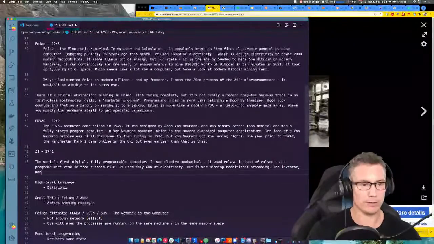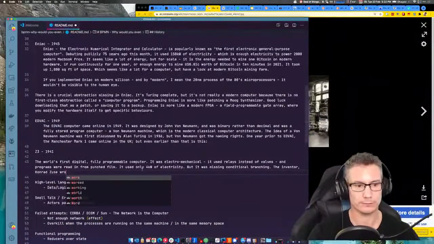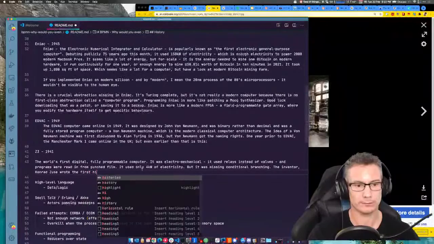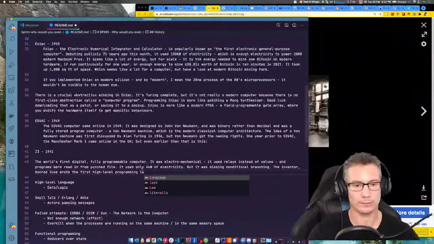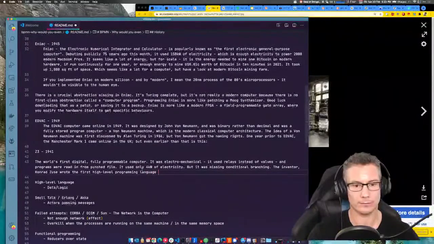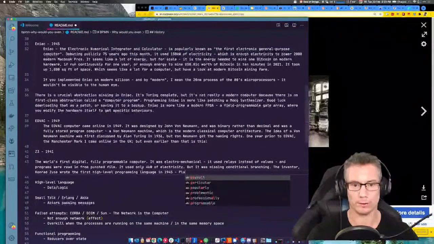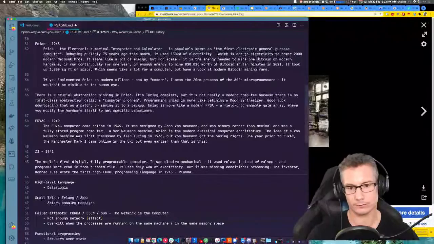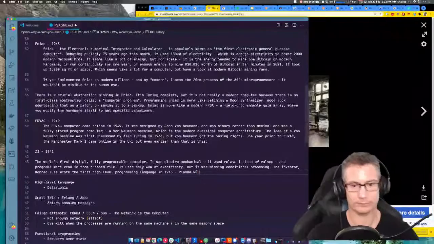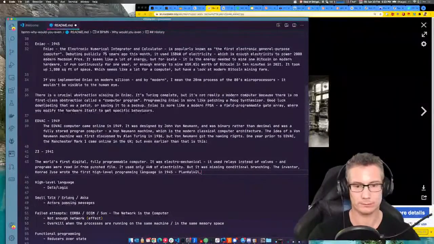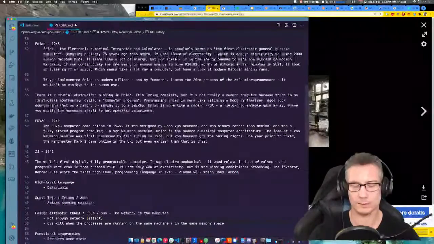The inventor, Konrad Zuse, Plankalkül, lambda calculus.